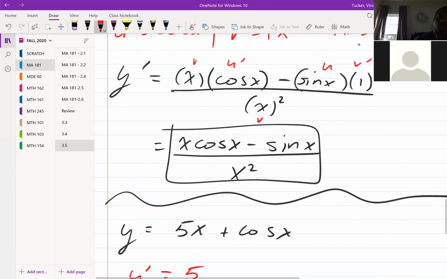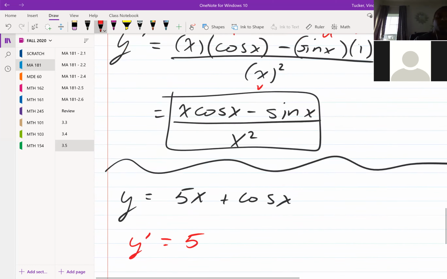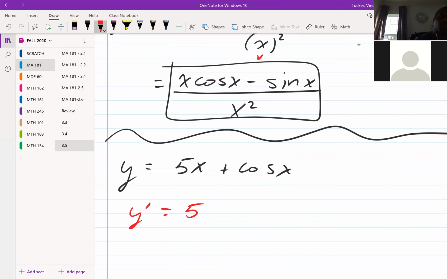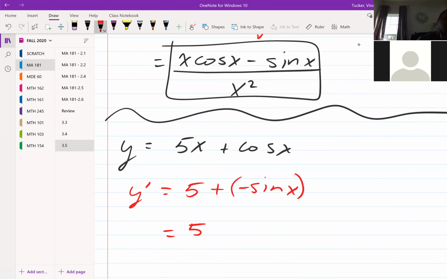Goes back to what we were saying with what happened here. So that would just be 5. And then the derivative of cosine is negative sine x. So that's 5 minus sine x.